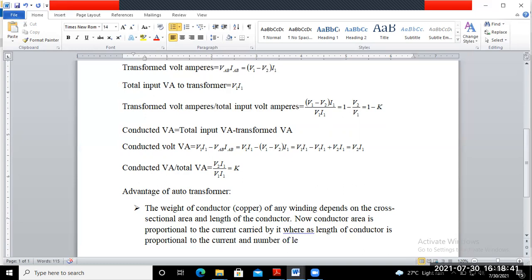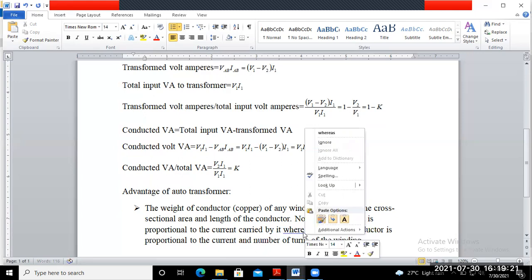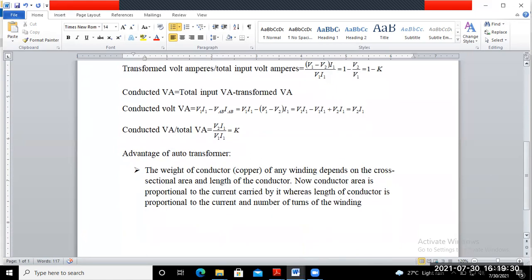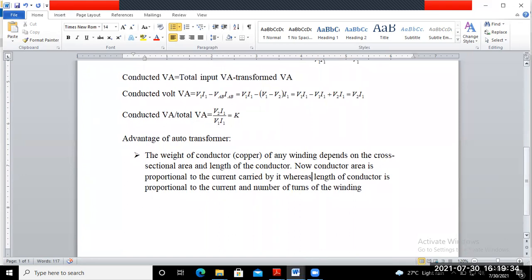So the weight of conductor for windings AB and BC, just find out individually, and the summation of these two winding weights is your total conductor weight of the auto transformer.